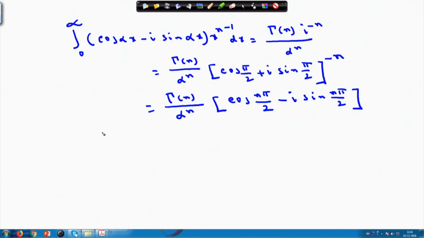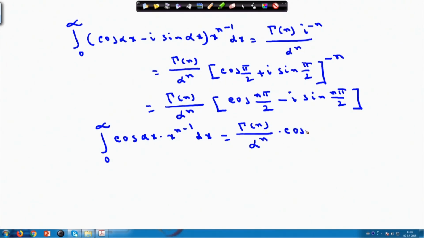So once I am getting this, therefore, equating the real part, you can write the integral from 0 to infinity of cos of alpha x into x to the power n minus 1 dx equals gamma n by alpha to the power n into cos of n pi by 2. So you see, simply by using this, we are obtaining the result of this integral.